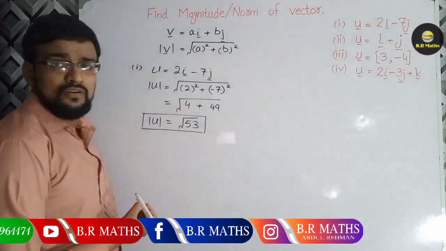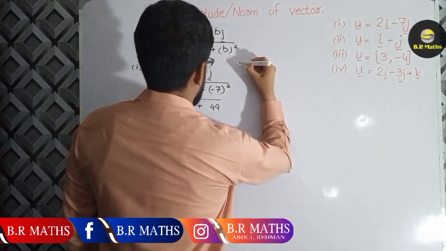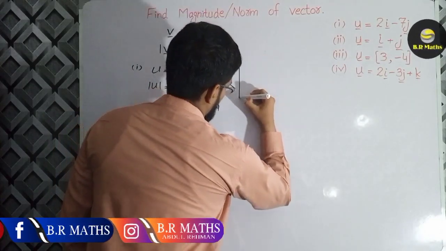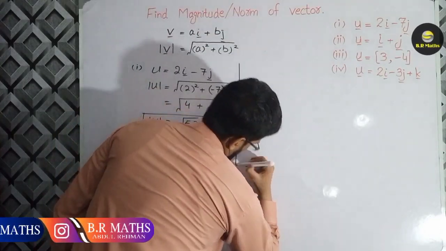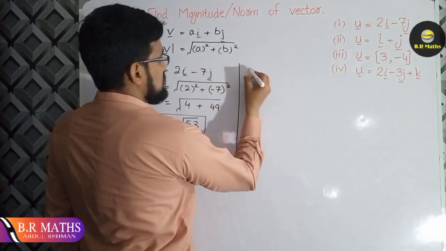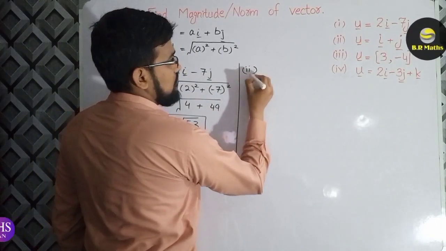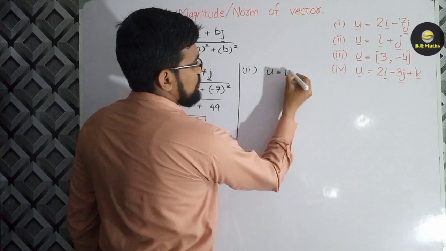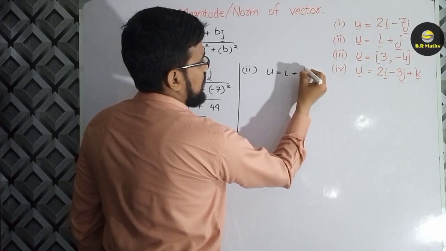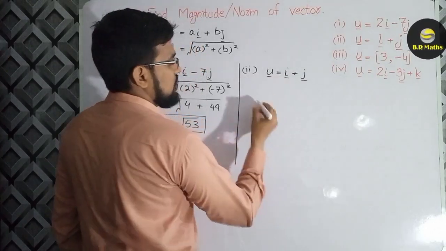Okay, similarly, the second question is: u is equal to i plus j.